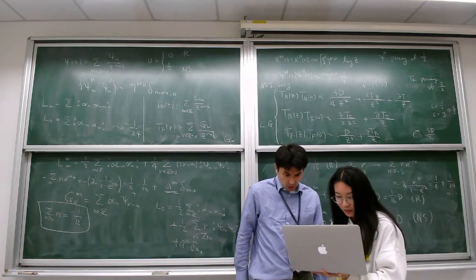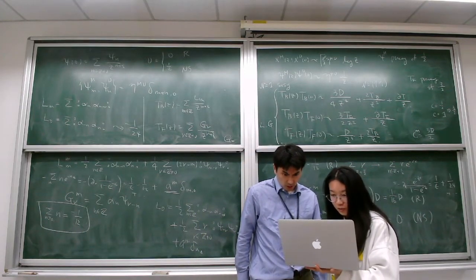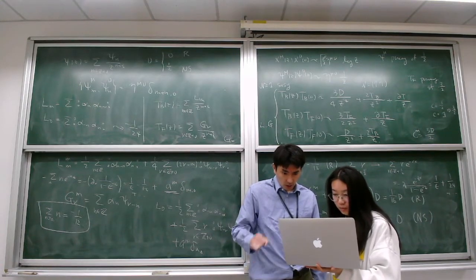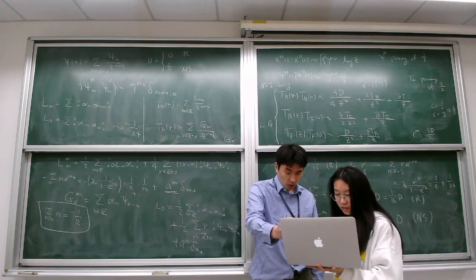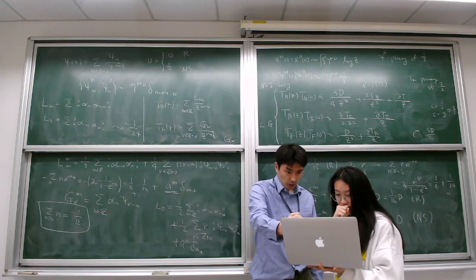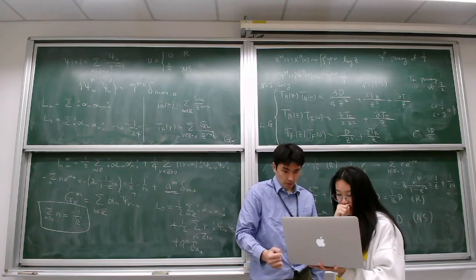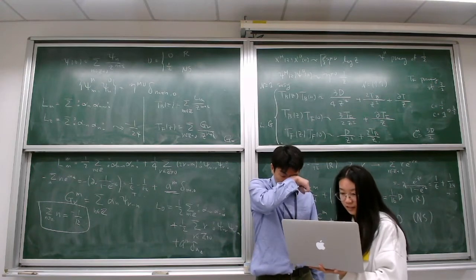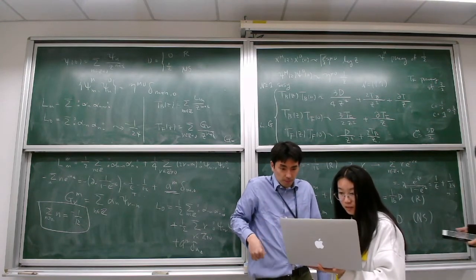The first thing I want to ask is, here there is a zero mode. Why here do we not need the zero mode? So here, just integration over the torus will give you just the zero mode. Like this one.